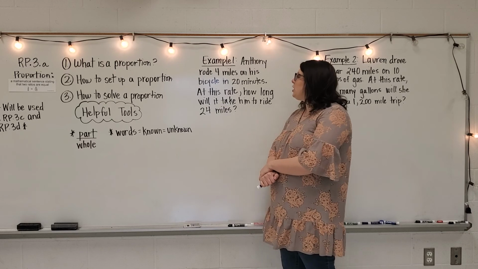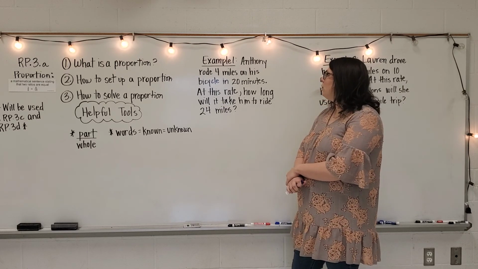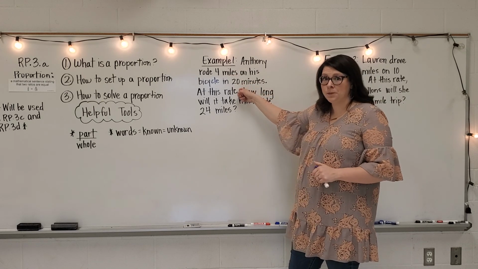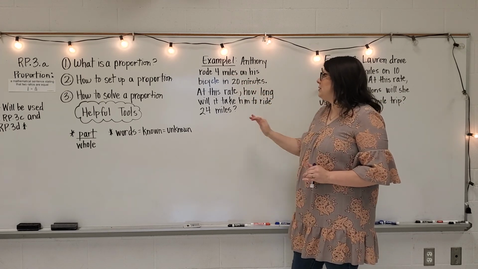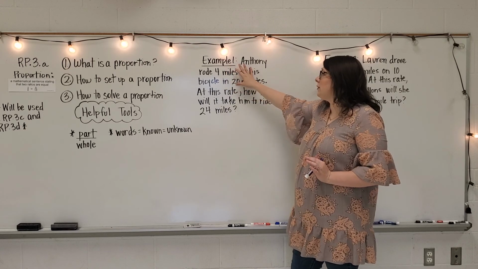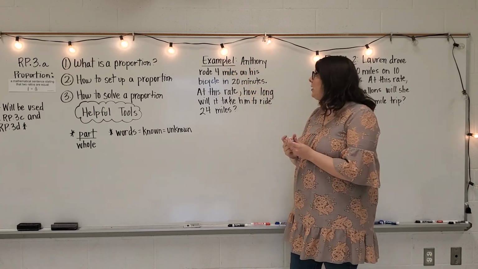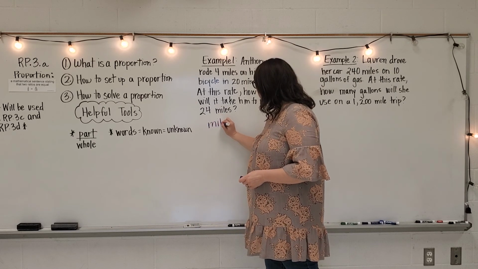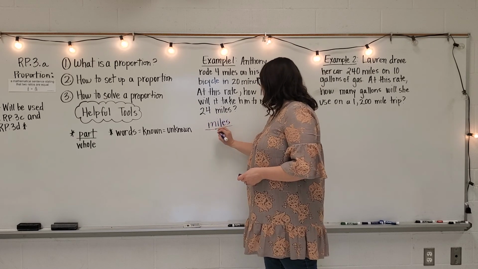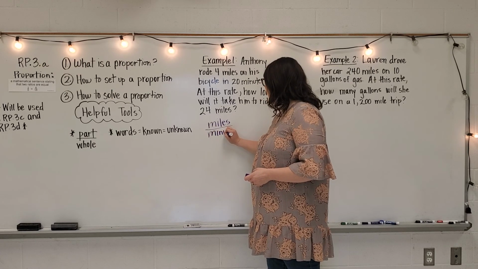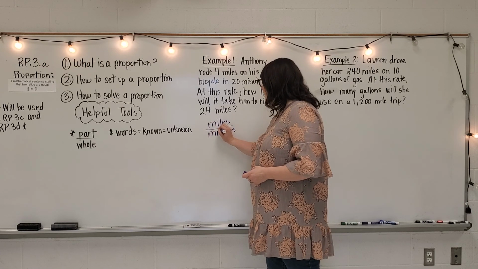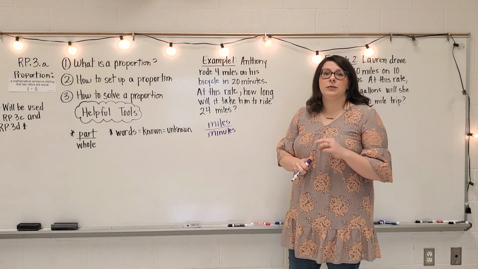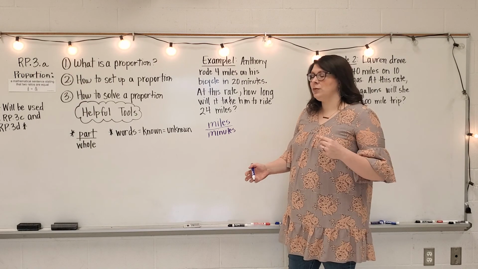Okay, so we're talking about miles and minutes, okay? So we're going to use the order that they've already given us, okay? And we're going to write down the words part, miles, out of minutes. Now, this is a rate, you may remember, because a ratio that has two different units of measurement is a rate.